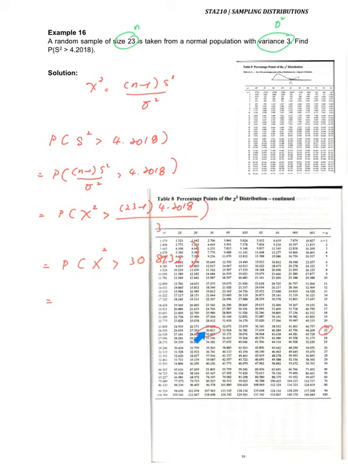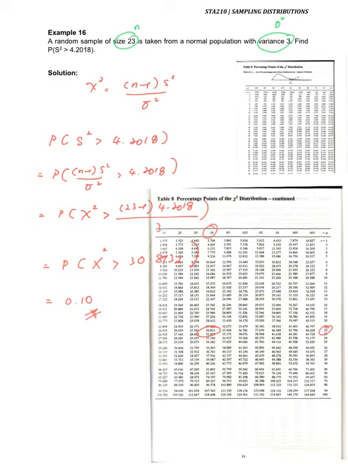Value tu 30.813. So awak tengok value alpha dia berapa? Alpha dia adalah 0.1. So means that jawapan dia, probability dia adalah 0.1. Sebab apa kita ambil value yang atas? Sebab value atas tu, alpha tu adalah probability value.